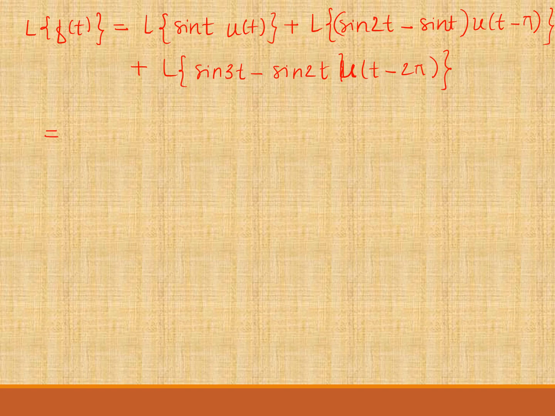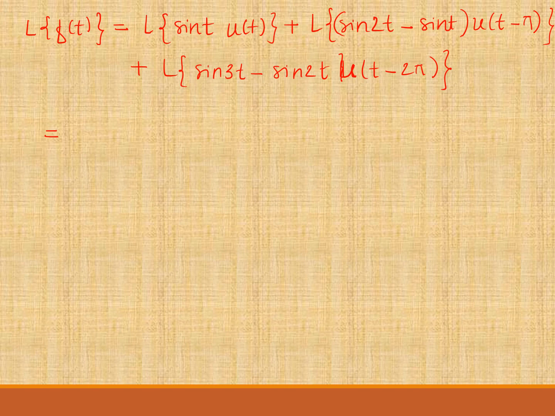Which is equal to, here sin t is like f of t and this is u of t. So we have to apply the result of Laplace of f of t into u of t. But in this case, sin 2t minus sin t is acting as f of t, which is multiplied with displaced unit step function.